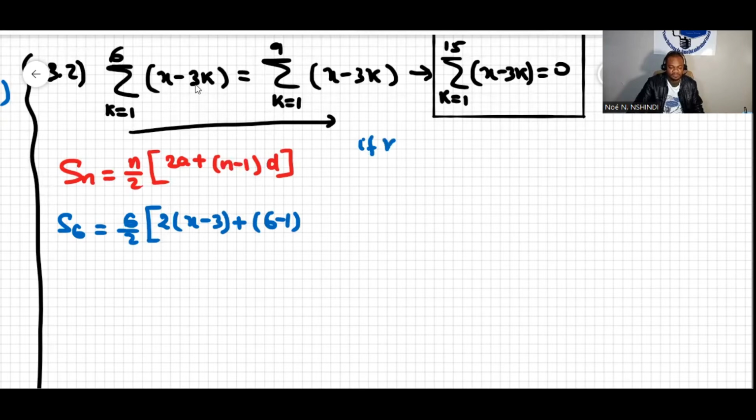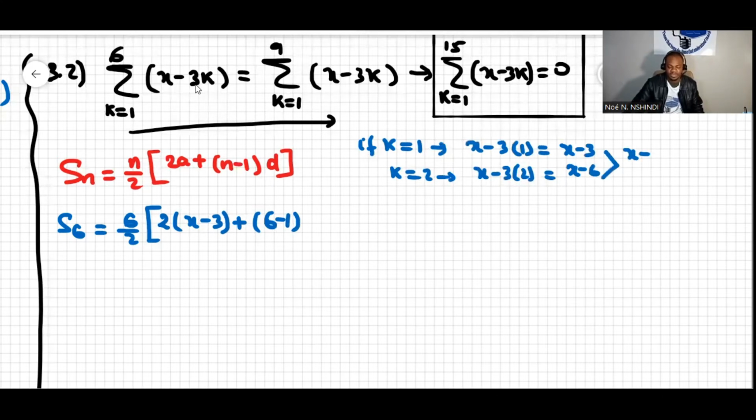So let me first list a few terms here. If k equal 1, then we have x minus 3 times 1, which is x minus 3. And then if k equal to 2, then it's going to be x minus 3 times 2, so x minus 6. Now let's find the constant difference. Take term 2 minus term 1. x minus 6 minus x in the bracket like that, x minus 3.